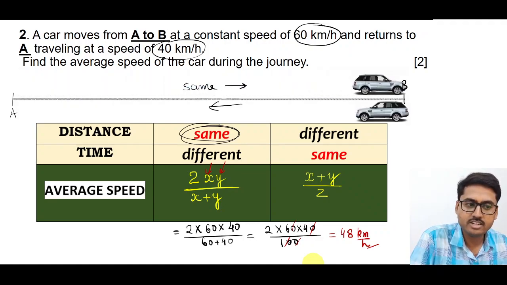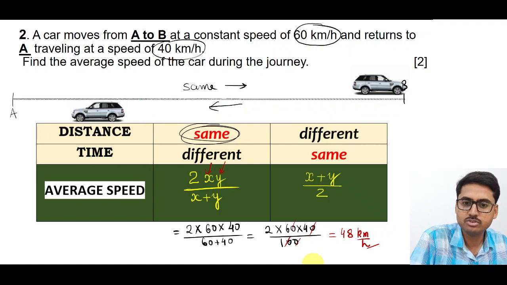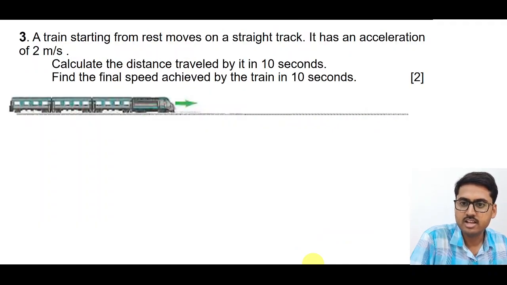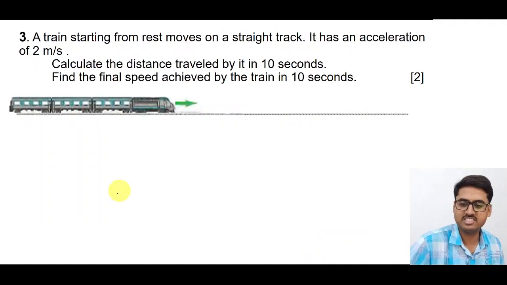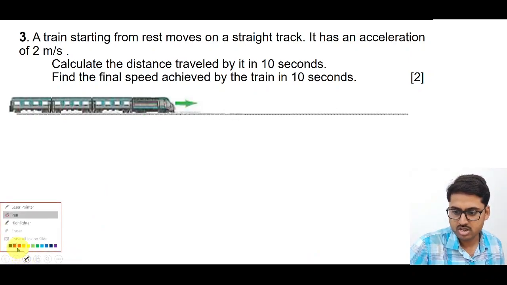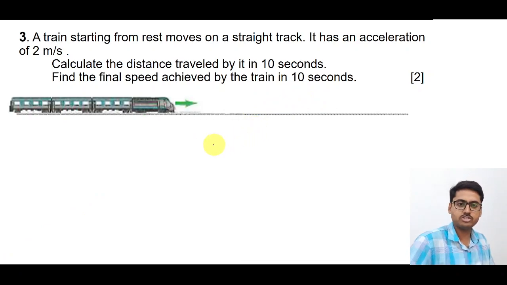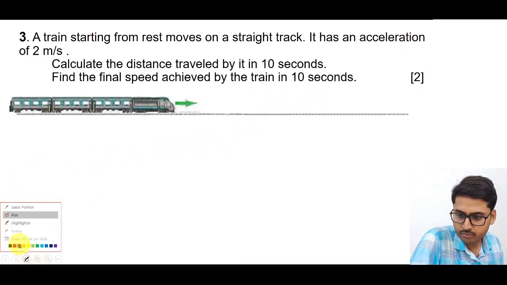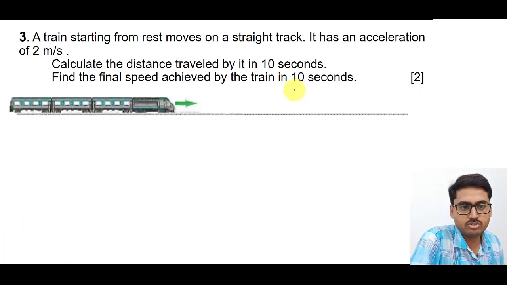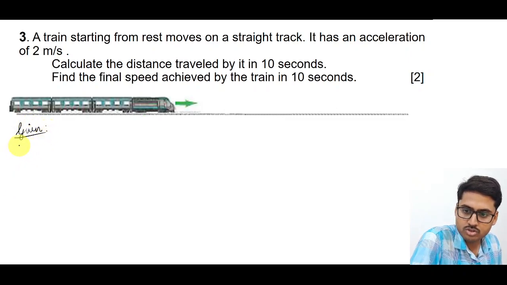Now let's get to question number 3. Question number 3 is an easy question based on 3 equations of motion. I'll just start reading out the question, and as I've told you, before you start reading any question based on 3 equations of motion, you can start writing in the beginning all the given information like this: given u, v, a, t and s.